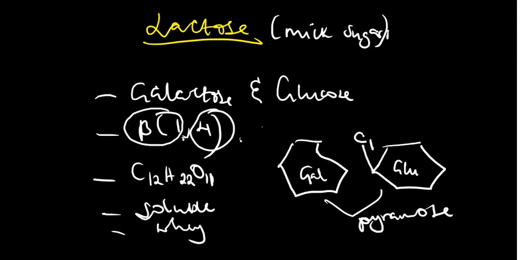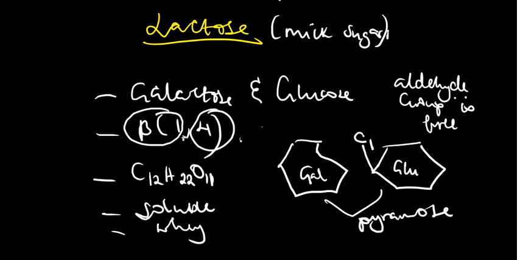This is to tell you that the aldehyde group on glucose is actually free. Because it's free, it means it can participate in reduction chemical reactions. Hence lactose is a reducing sugar.